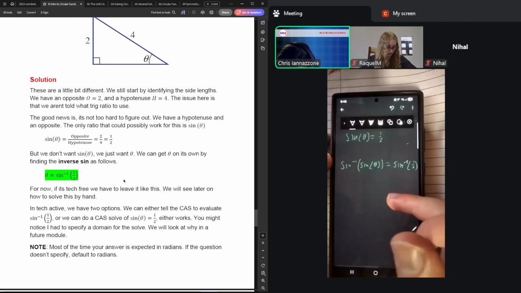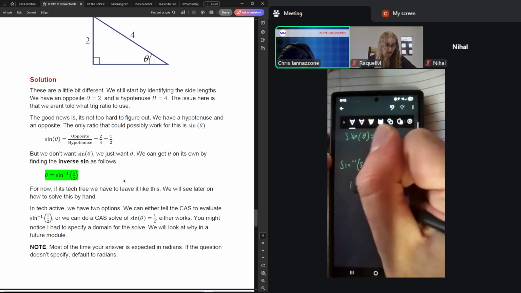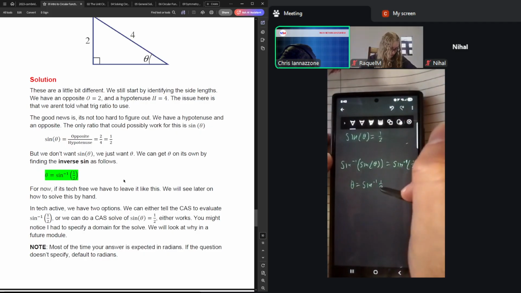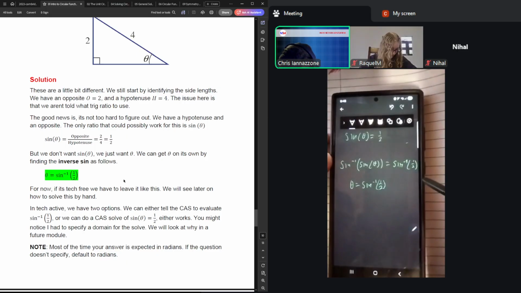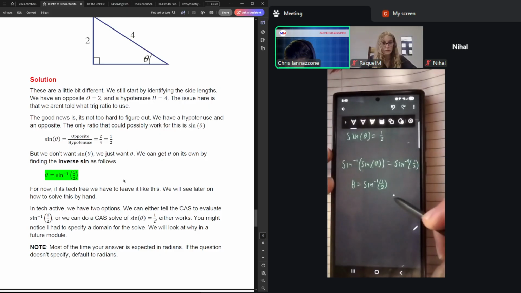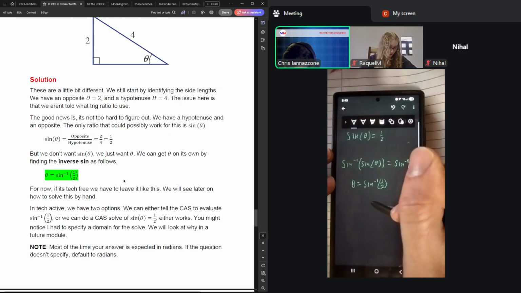Now, how we get to just saying theta is equal to sine inverse of a half is something you'll learn, I don't think we've done it yet, with composite functions. So there's this specific property of composite functions.